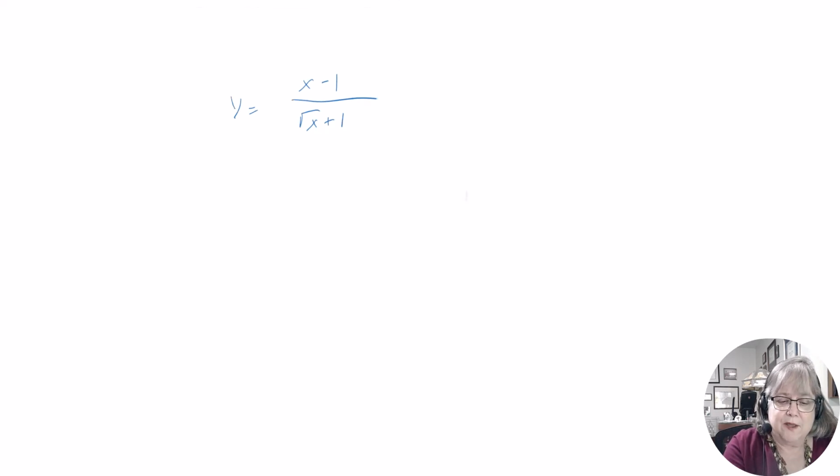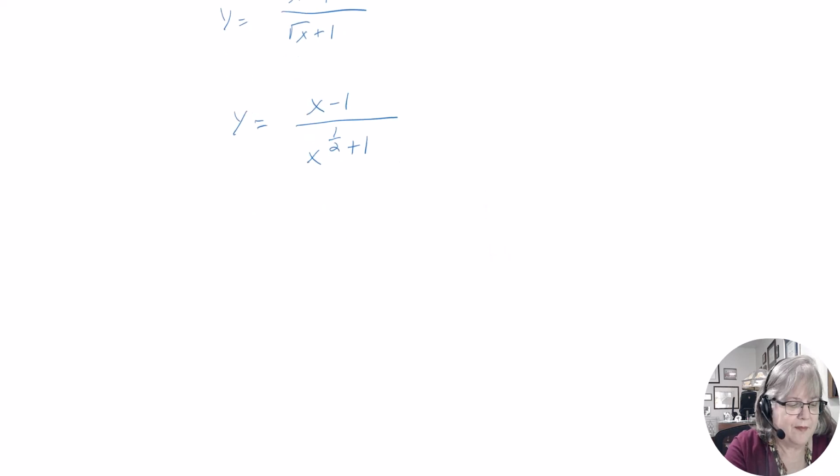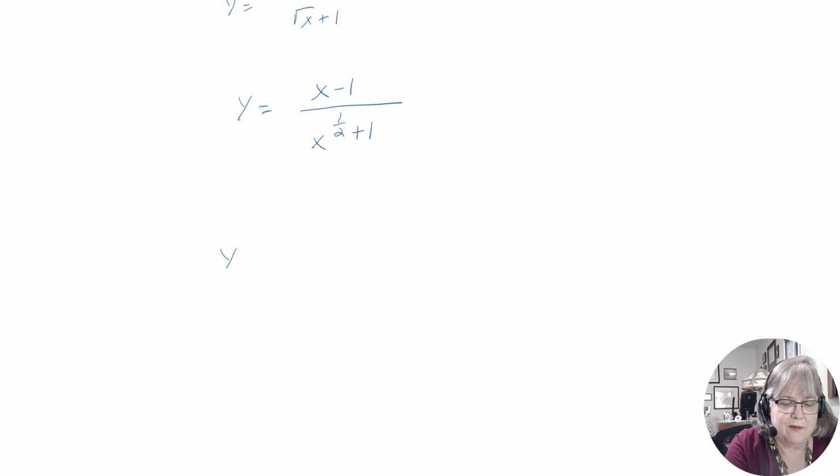Derivatives do not understand this radical thing. They understand powers. So you have to rewrite it. Okay? And here we go. The derivative is the bottom times the derivative of the top minus the top times the derivative of the bottom.